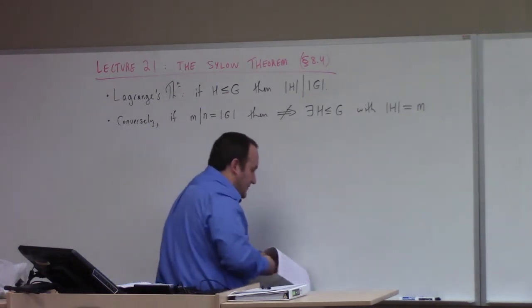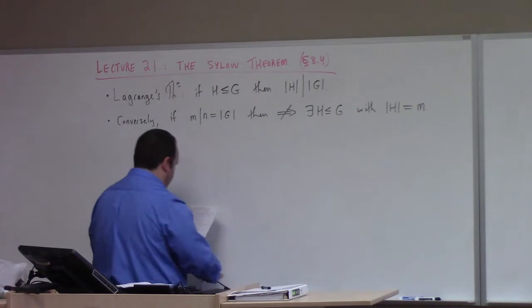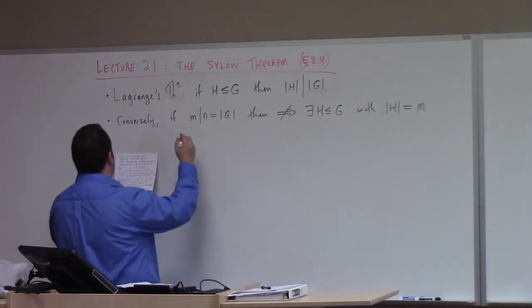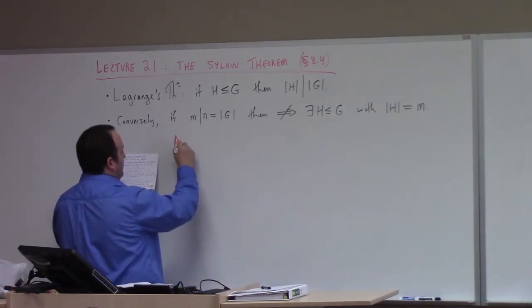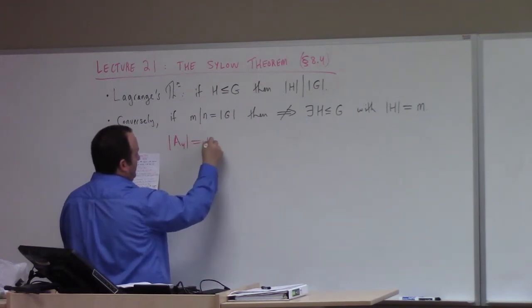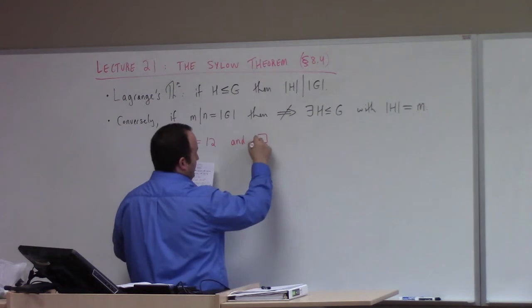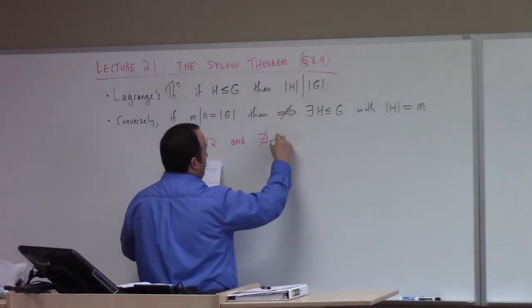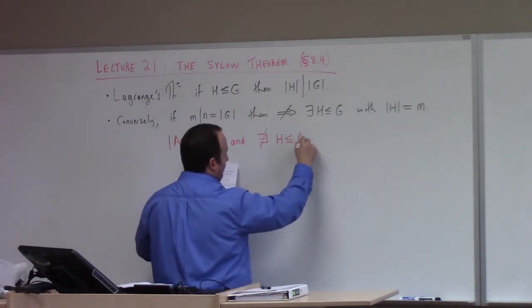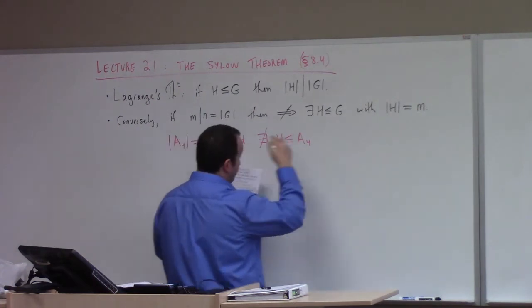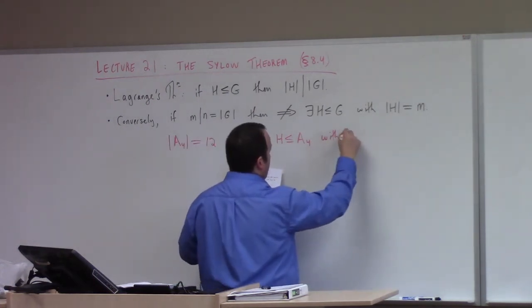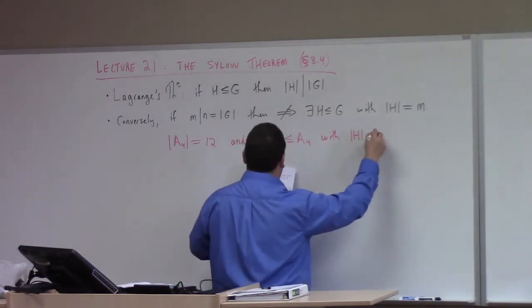Our go-to counterexample of the converse of Lagrange's theorem failing is A4. A4 has order 12, and there does not exist a subgroup H of A4 with the order of H being 6.